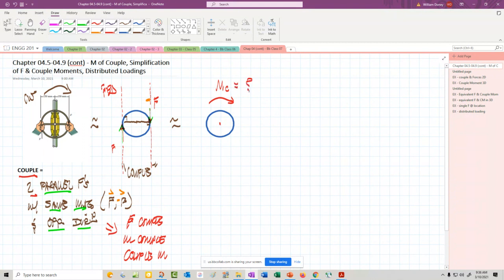But how do we calculate that when we have two? Okay. Well, we would think, define that moment couple or couple moment or force couple.